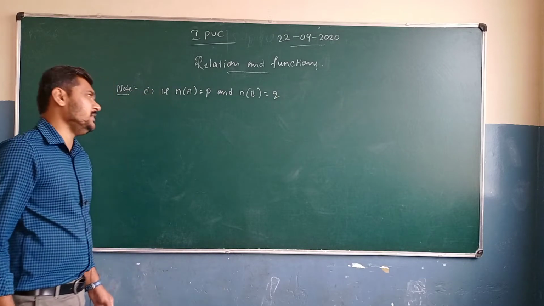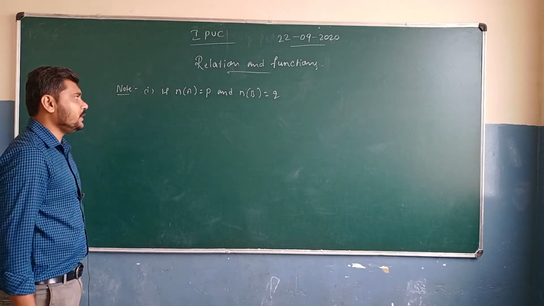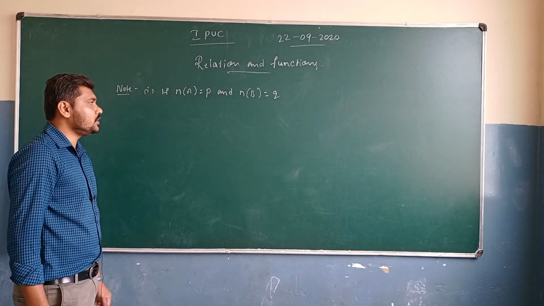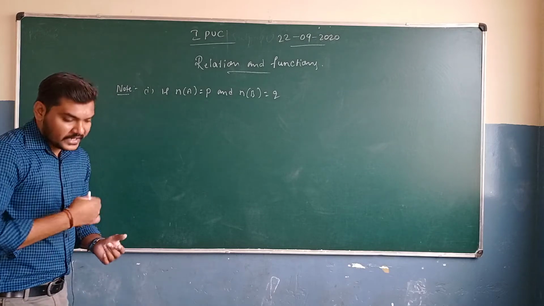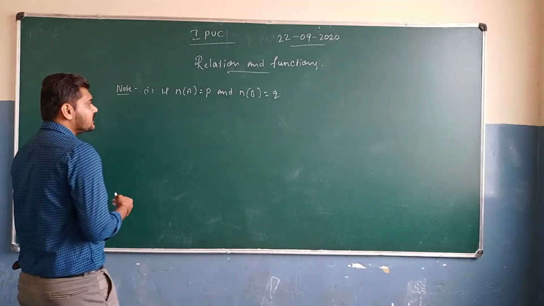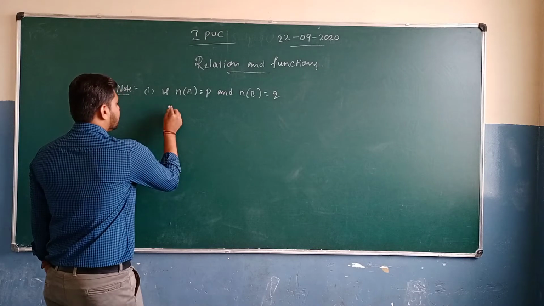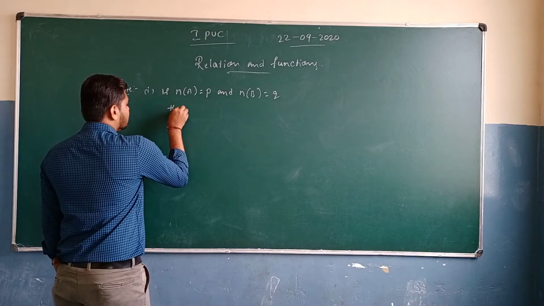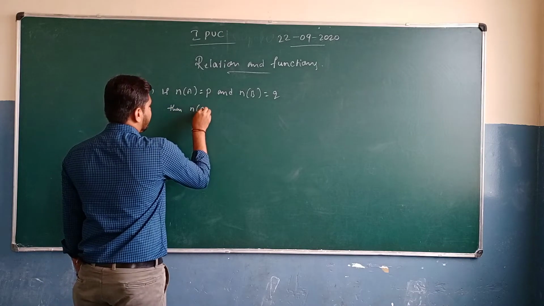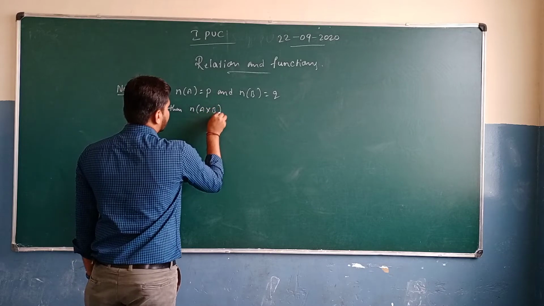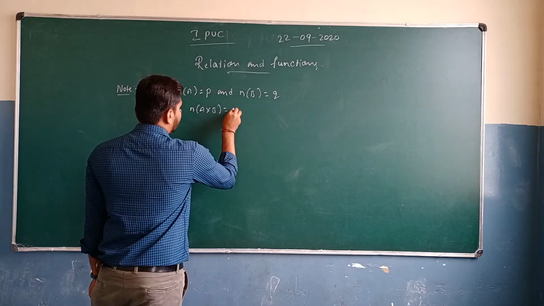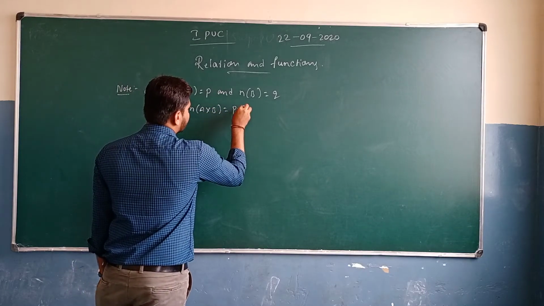That's going to be n of B. If n of A is equal to p and n of B is equal to q, then what's going to be the n of A cross B? We can say that n of A cross B is equal to p into q.